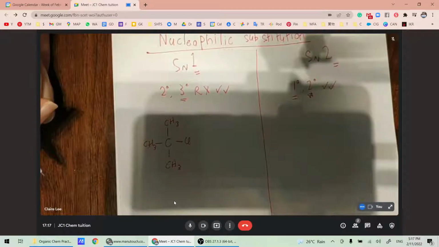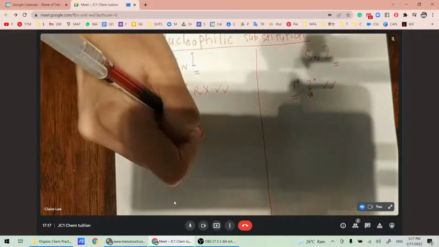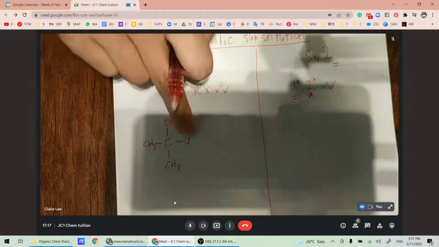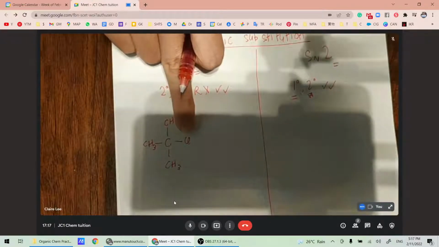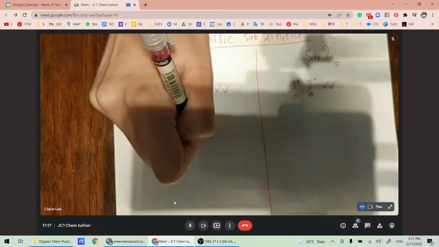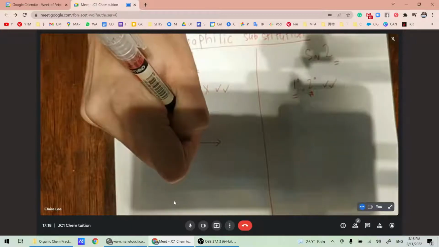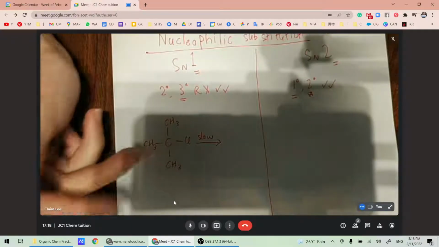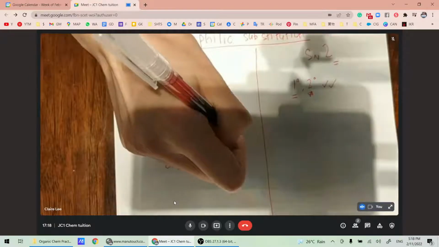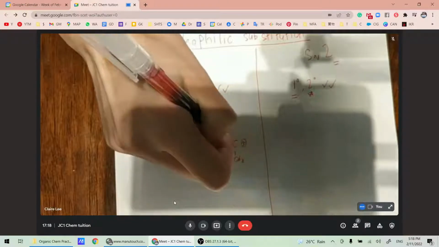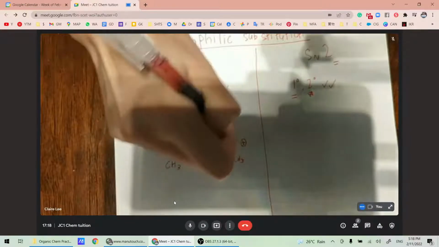But tertiary is dominantly SN1 and primary is dominantly SN2. Let's look at the tertiary undergoing SN1. We have a tertiary with a slow step, which will give you a carbocation and halide.